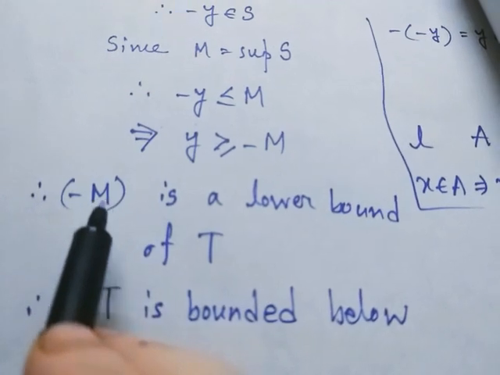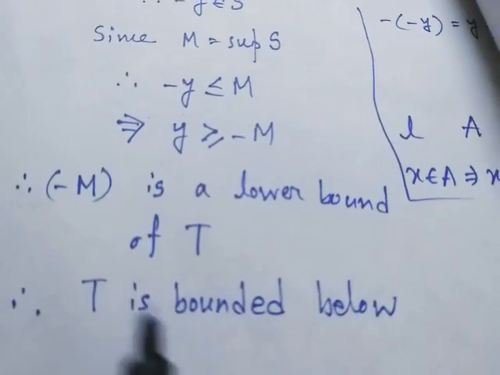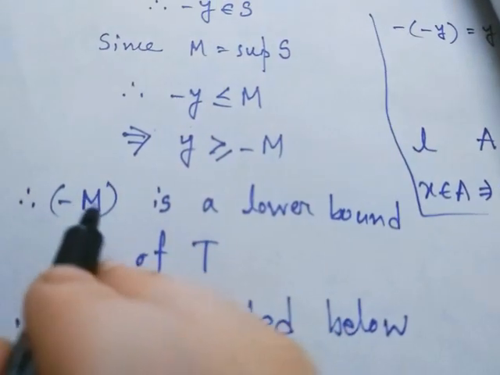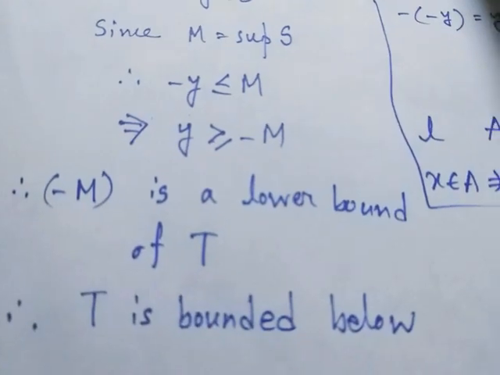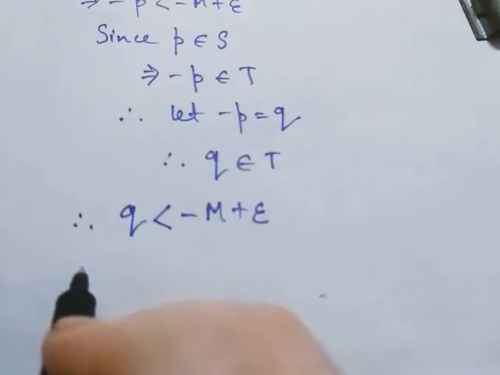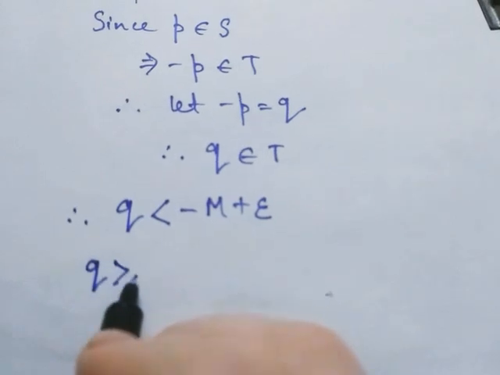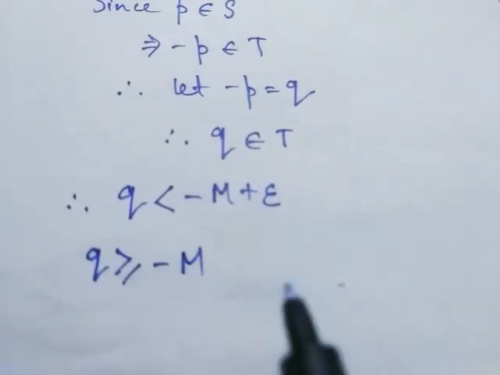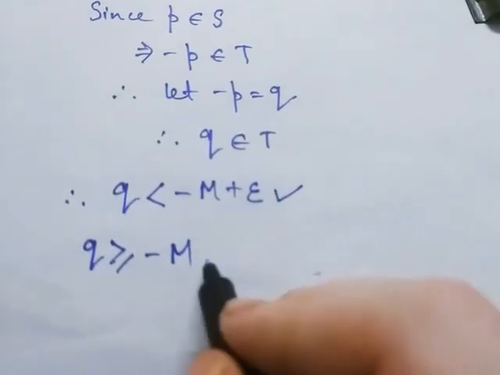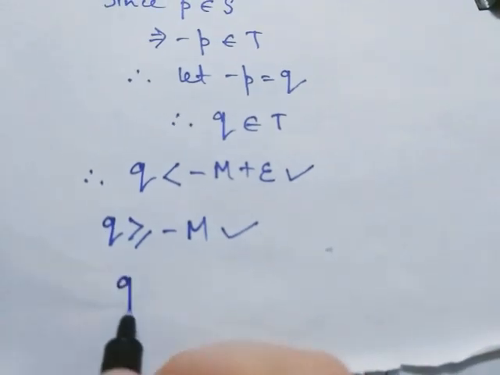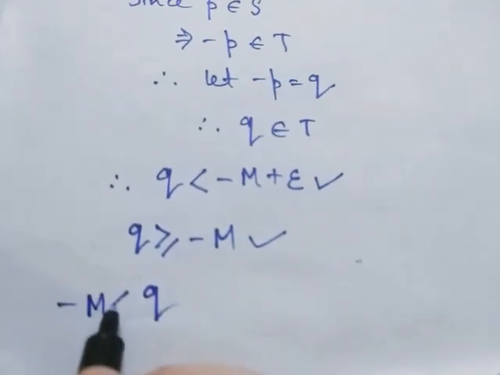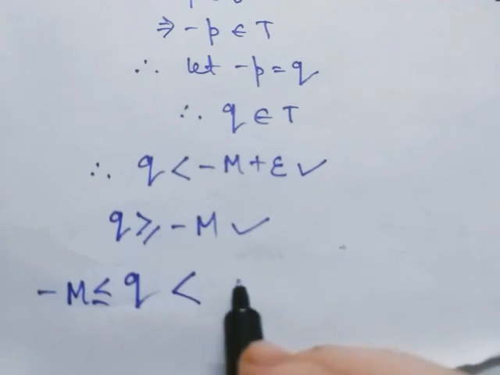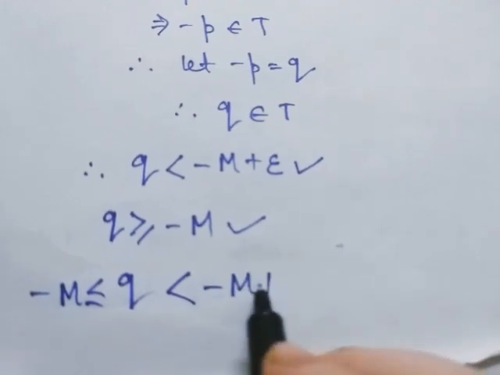Also minus capital M is a lower bound of T, so every element of T is greater than or equal to minus capital M, that is, small q is greater than or equal to minus capital M. So from this and this we get minus M is less than or equal to q, which is strictly less than minus M plus epsilon.